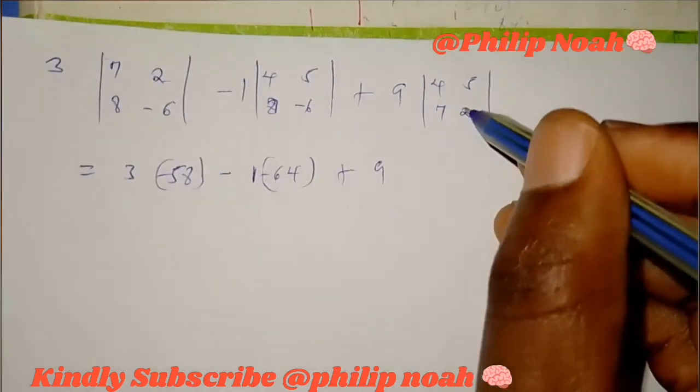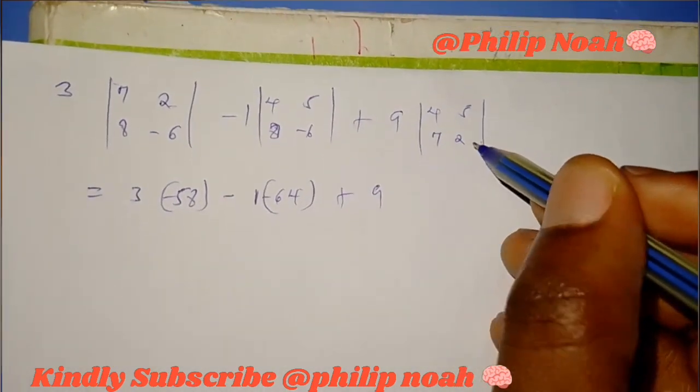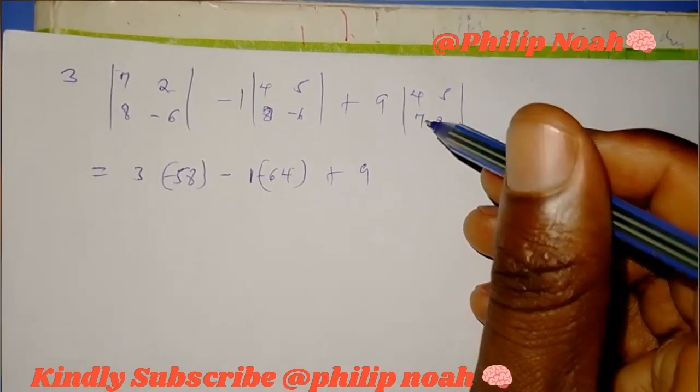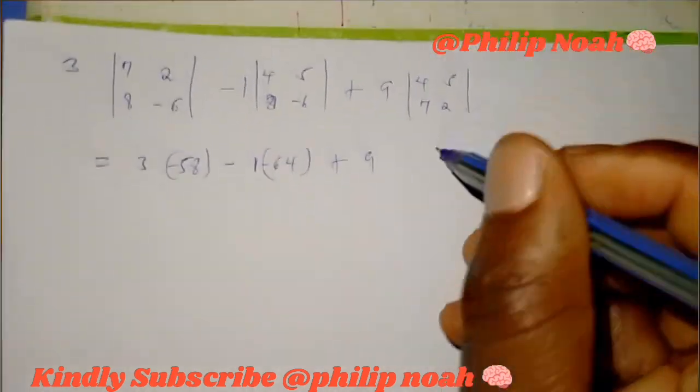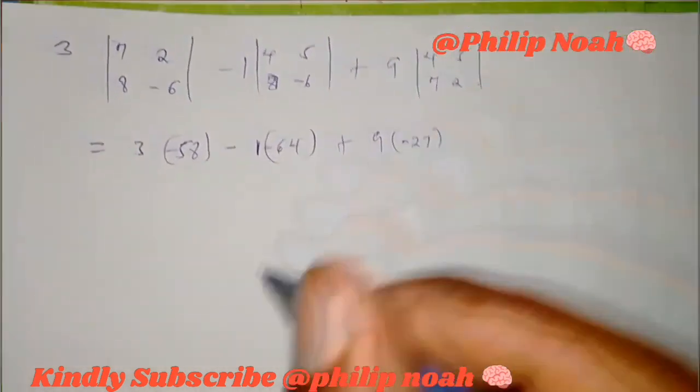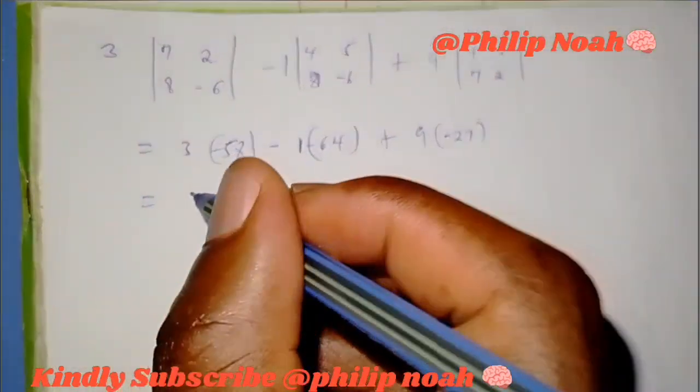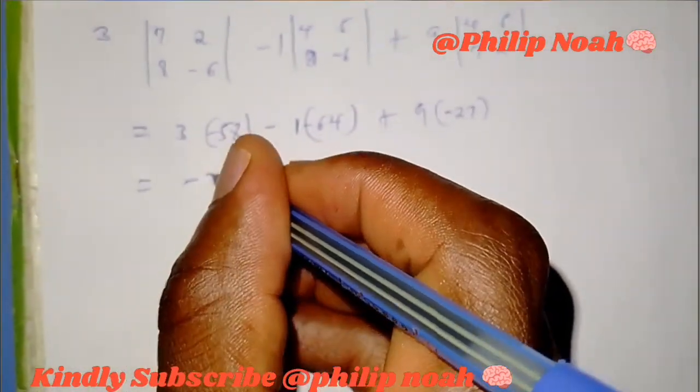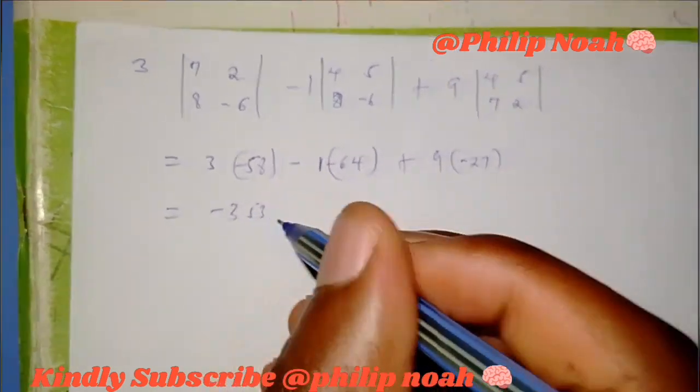This one will give us, this time, 8, we minus 35. That is negative 27. And of course, it will bring us here, negative 353. The same thing as this one.